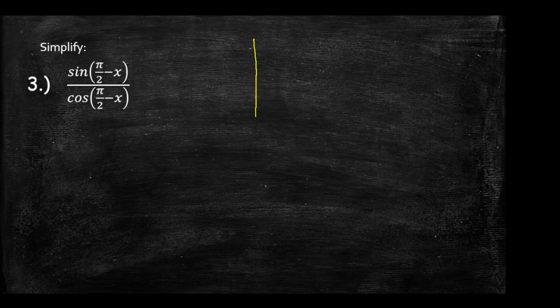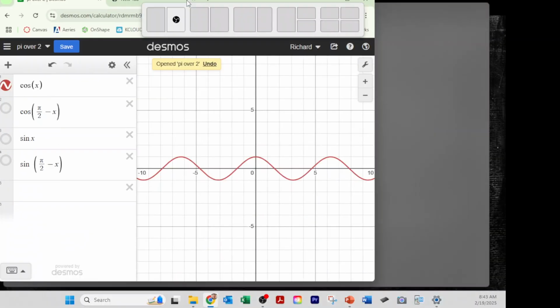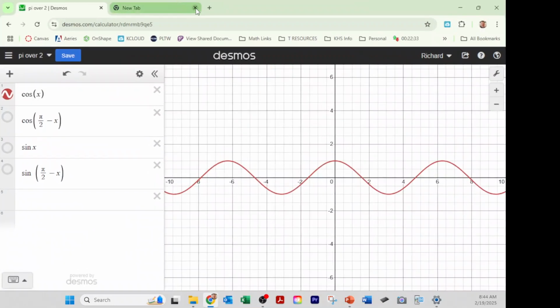Okay, so in here, I have my graph of cosine x.